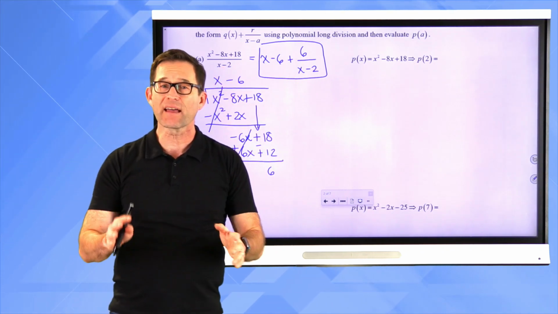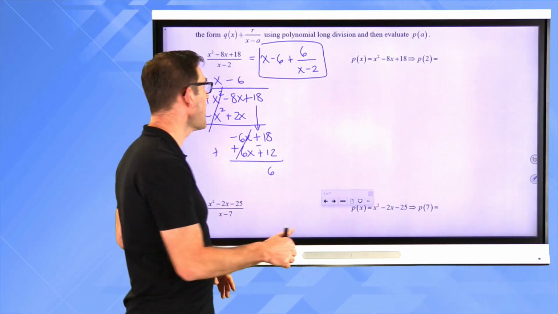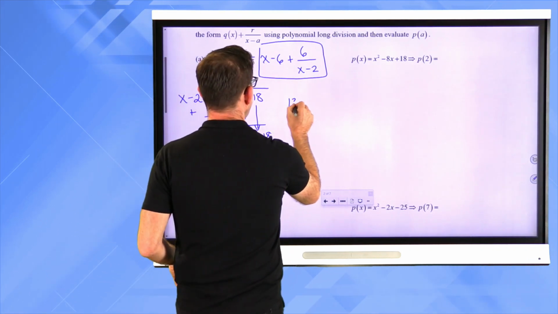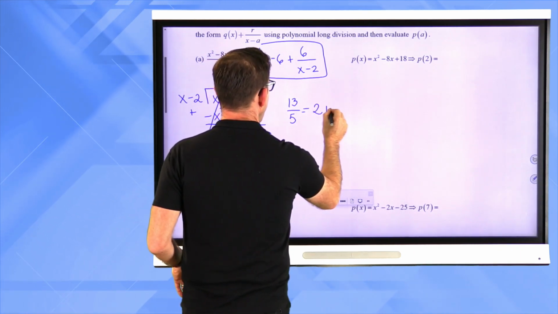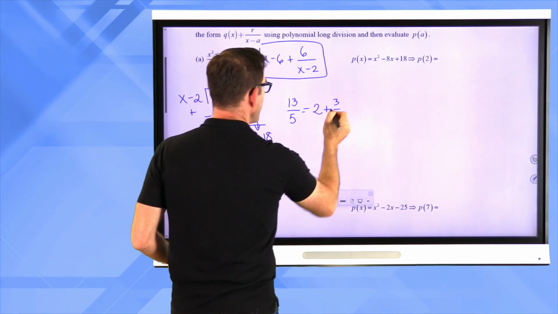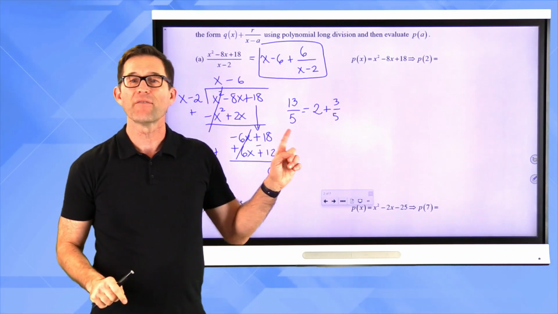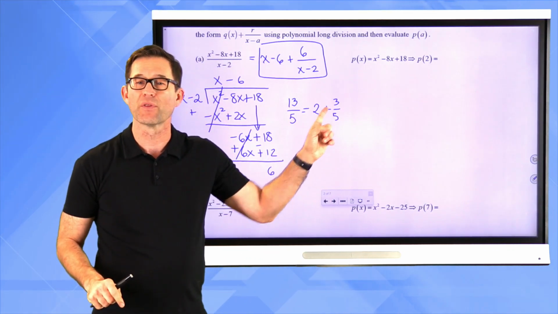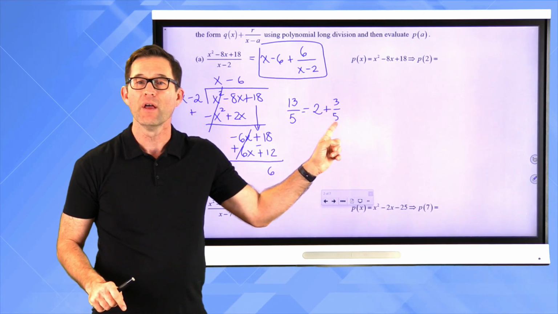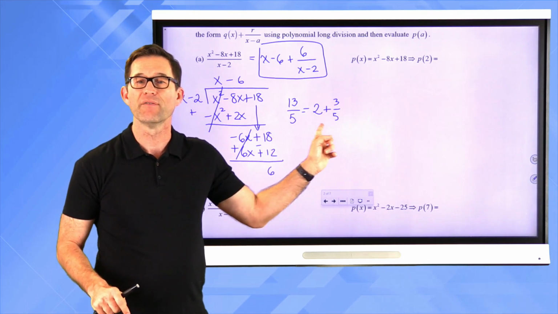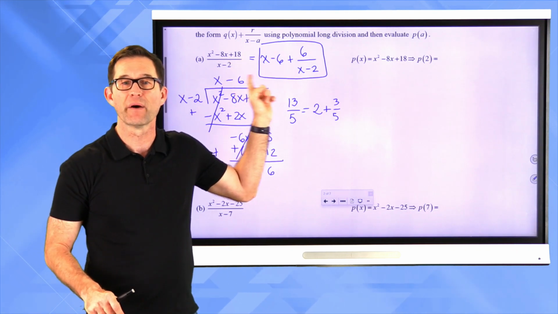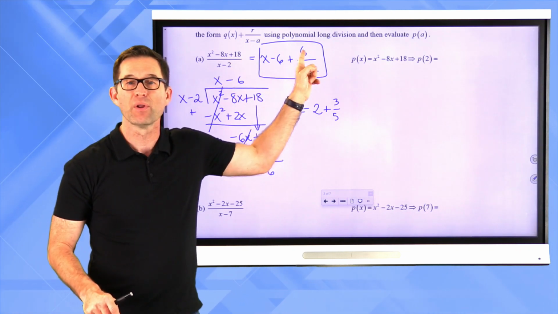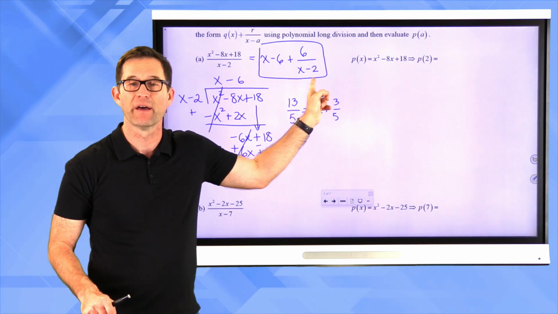This is exactly analogous to taking something like 13 and dividing it by 5 and getting 2 plus 3/5, right? So 5 goes into 13 two times with a remainder of 3 left over. So 13 divided by 5 is 2 and 3/5. X squared minus 8x plus 18 divided by x minus 2 is x minus 6 plus a remainder of 6 divided by x minus 2.